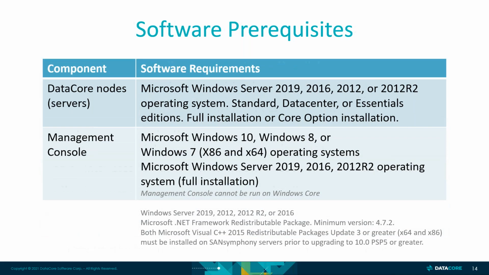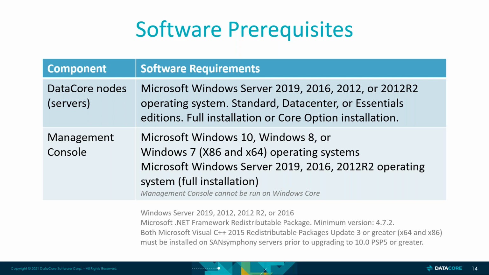We also have a software prerequisite. The SANsymphony software runs on Windows Server, whether that's 2019, 2016, or 2012 R2. And the nodes themselves are instances of DataCore. The actual executing data services require either the full installation or they can also run on Windows Core.